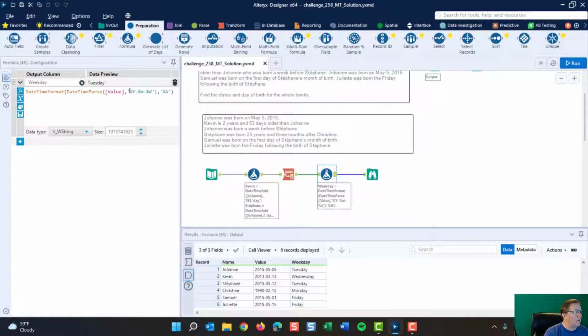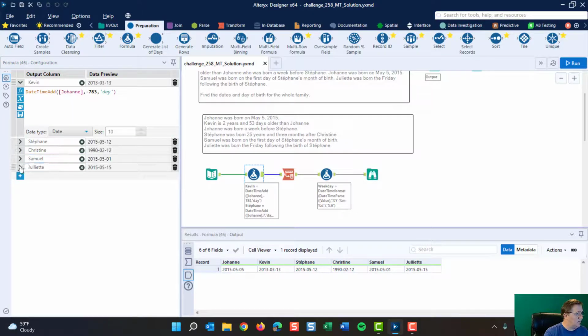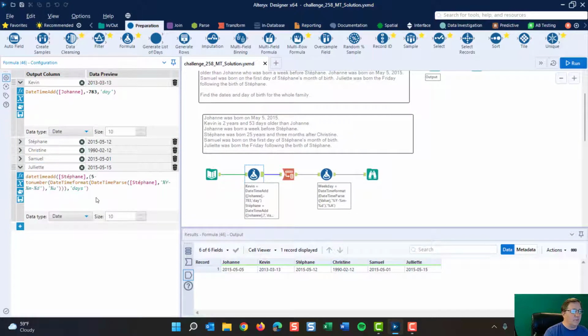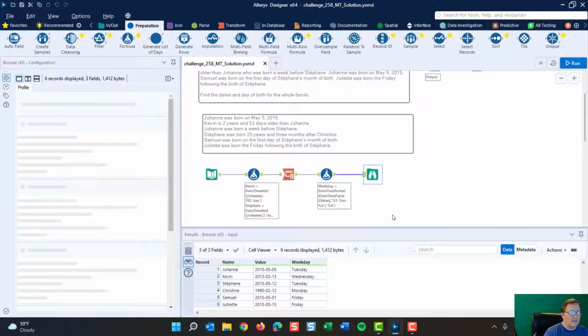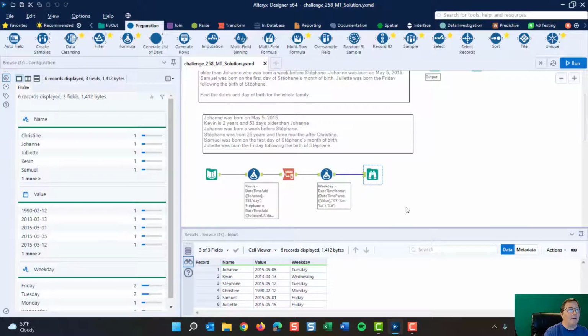On the other one, with this year, month, day, we pulled out the format back here in the Juliet formula, because we wanted the 1, 2, 3, 4, 5, 6, 7. In this case, we wanted the string Monday, Tuesday, Wednesday, Thursday, Friday. So you can see in here, Johann was born on 2015, May 05, which is a Tuesday. And send that out to a browser, and there you go.